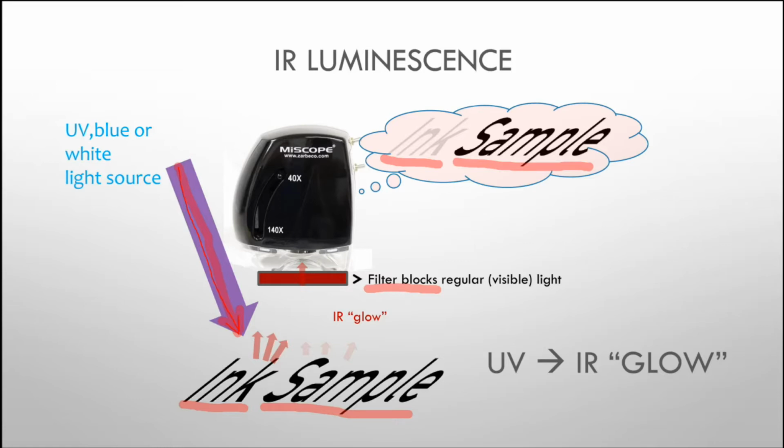And so in our MiScope, we're going to get an image where the different inks will look, again, different brightnesses due to how much they are glowing. So what we could say here is that we're using UV to create an infrared glow, and then we're using our filter to block everything else so that we can see that glow.